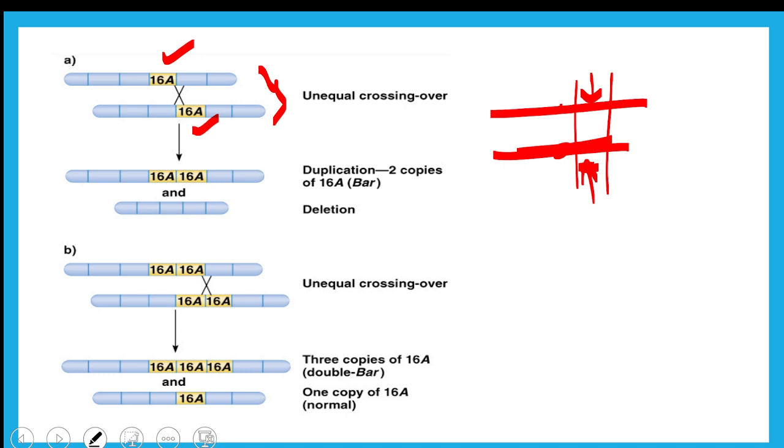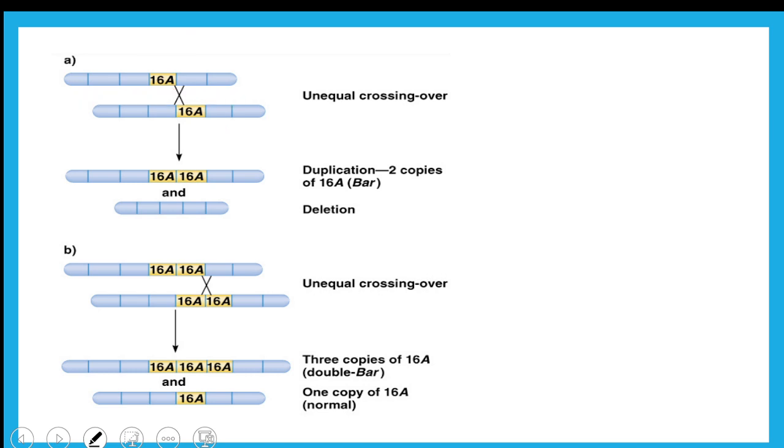But here the portion of the X chromosome that is being crossed over is slightly away, because the chromosomes did not align properly. It should have aligned properly like this, but it has aligned in a different way, somewhat leaving a small space, so that there is unequal crossing over, and this is added to this one.